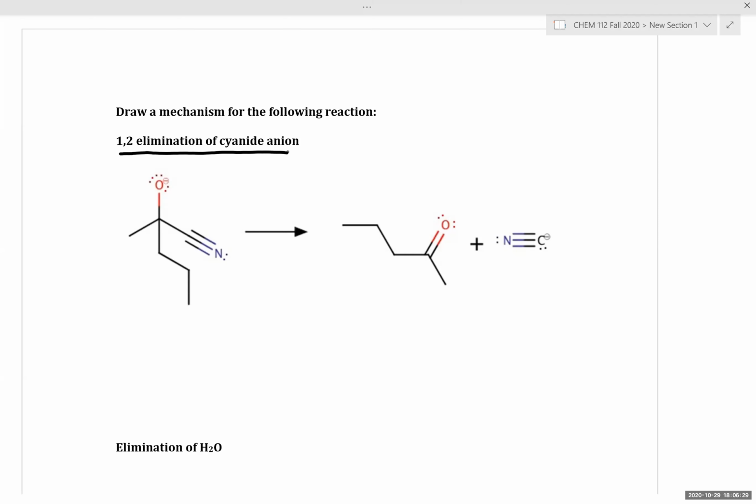So would anyone like to try using the annotate tool to propose a mechanism for the following reaction, which is a typical 1-2 elimination?